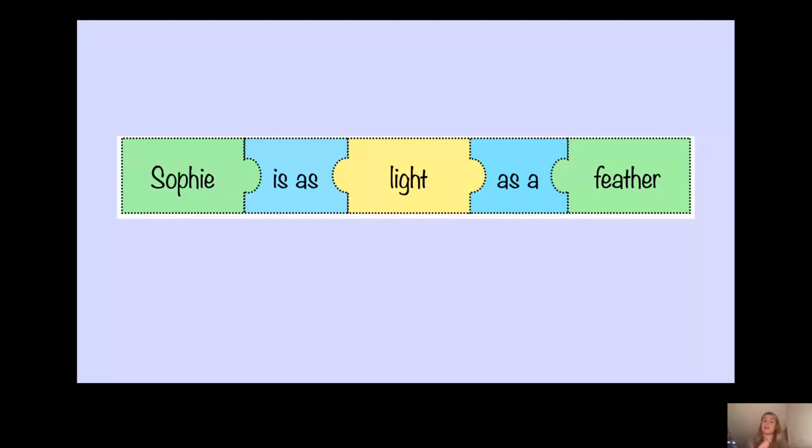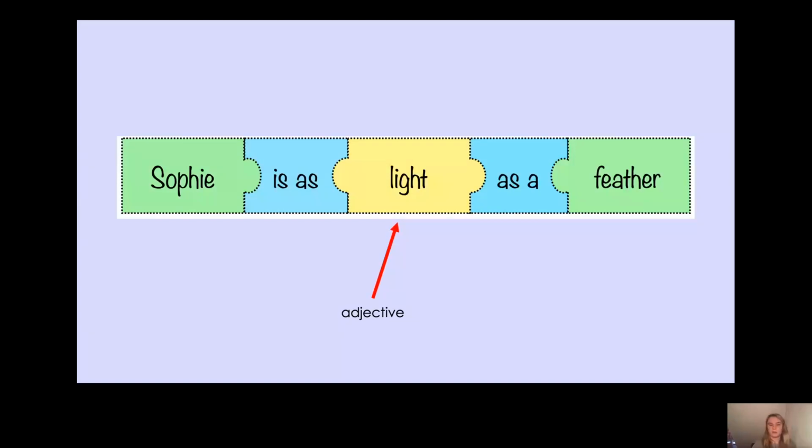Then you have "is as" or "are as". So there we've got our first "as". Then after that we have "light". Now what type of word is "light", Year 2? Yes, you're right. We are describing Sophie, so therefore it is an adjective, and that is the bit that comes in the middle of our simile.